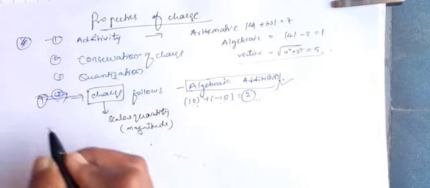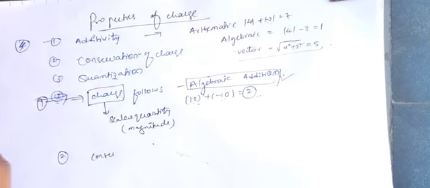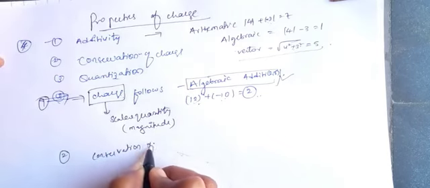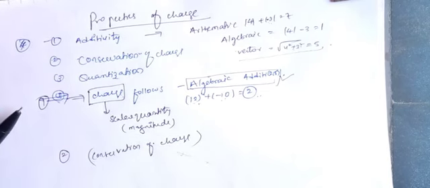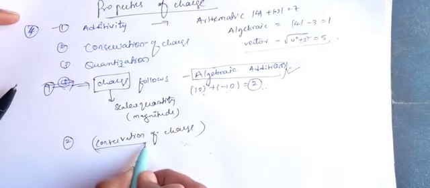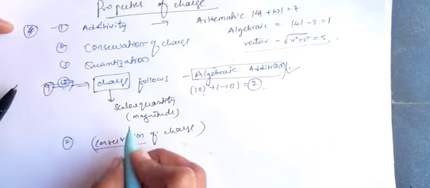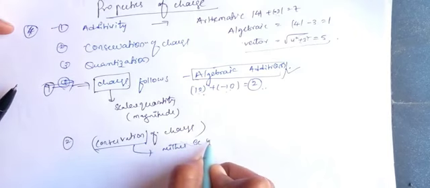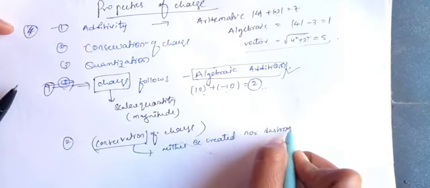This is the first property, and the next property is conservation of charge. Already from the 11th class we have studied conservation of momentum, conservation of energy, conservation of anything. Conservation means it can neither be created nor destroyed.